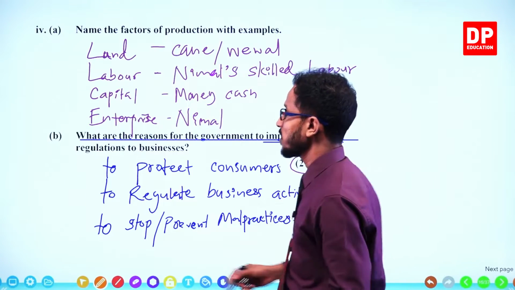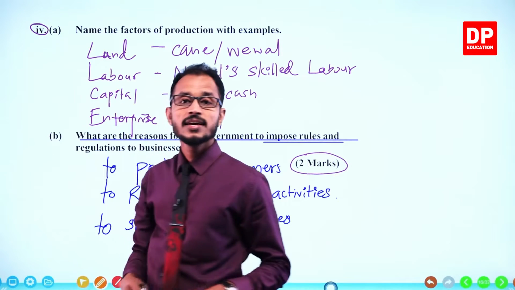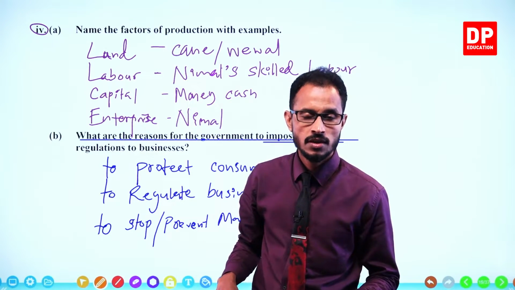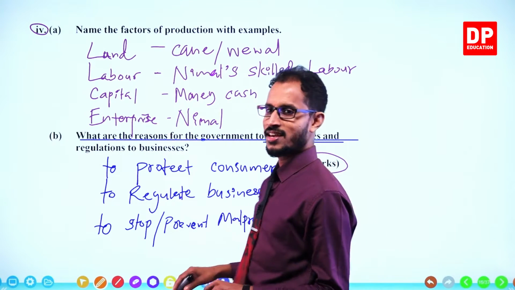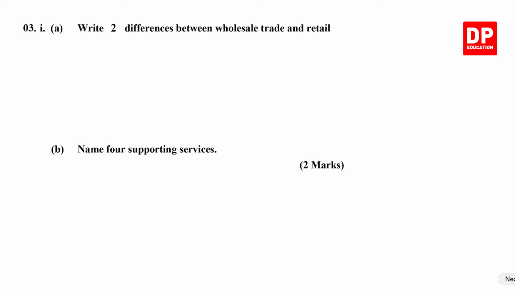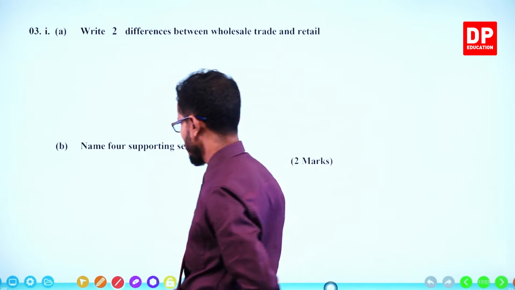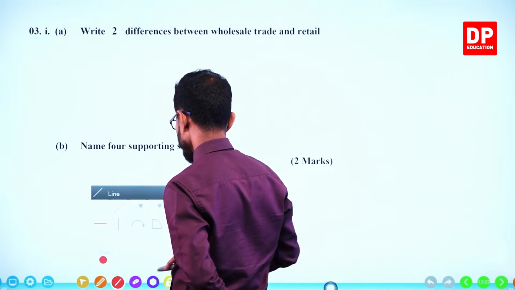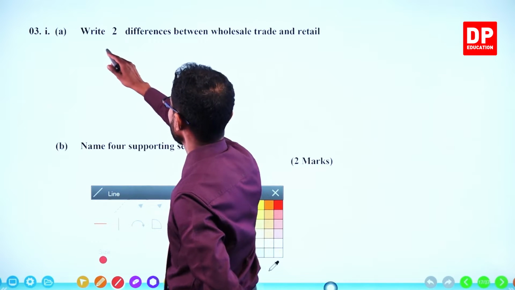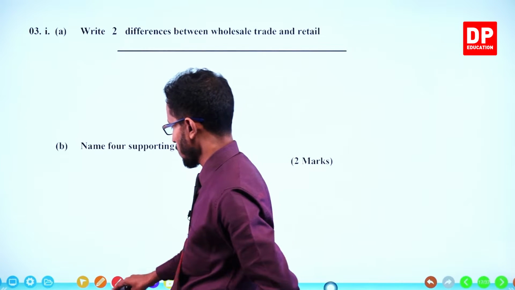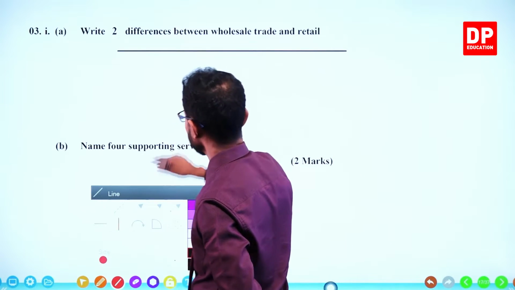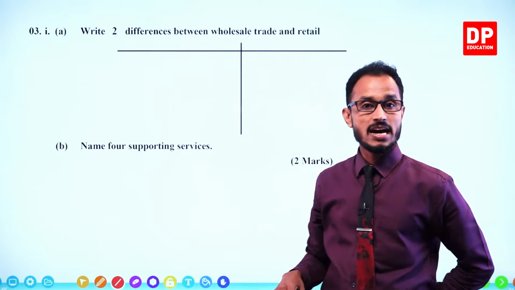Let's go to the next question. The third question. Write 2 differences between wholesale trade and retail trade. When the question is asking for differences, I always draw a T account.